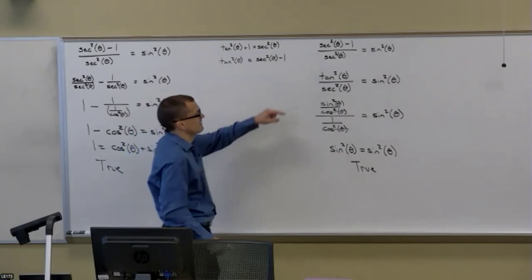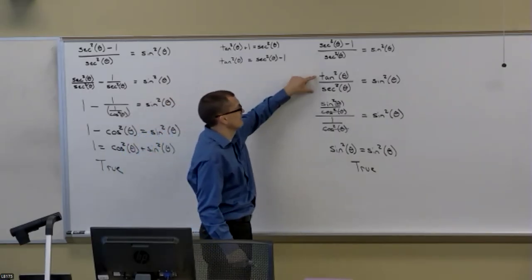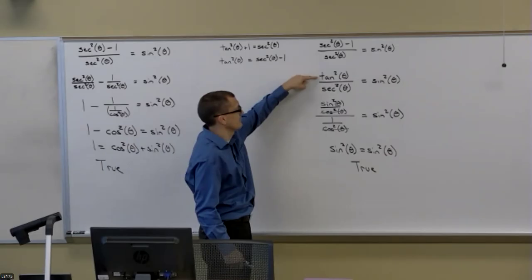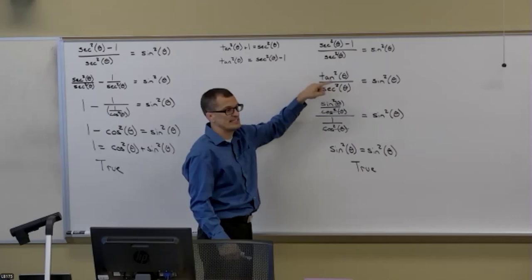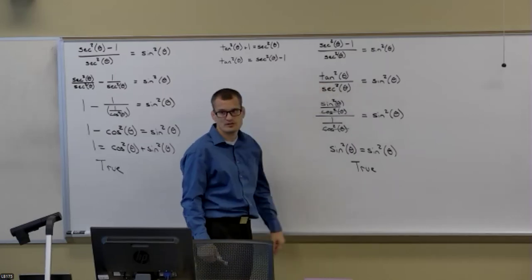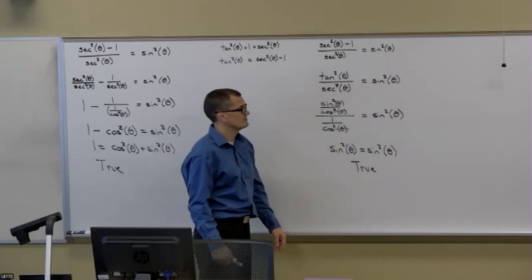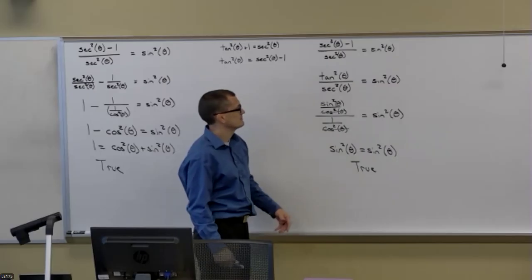So somebody might say, well, instead of writing this as sine over cosine and 1 over cosine, rather, let's multiply both sides by secant. I know secant's 1 over cosine, and then we could have done something like that.